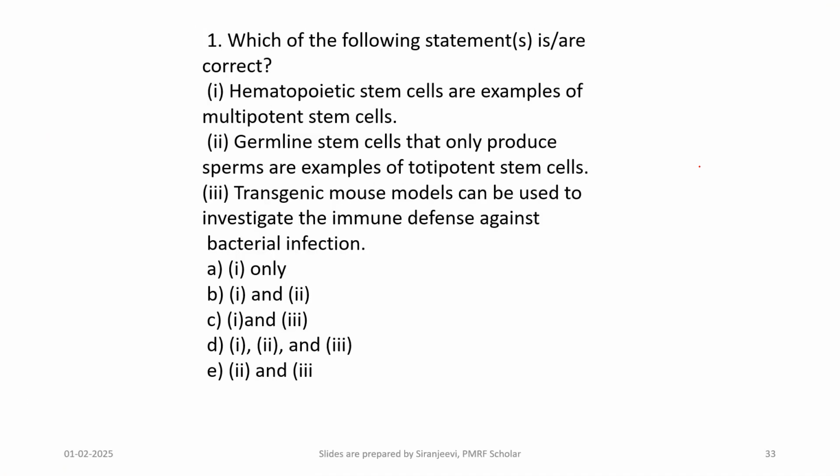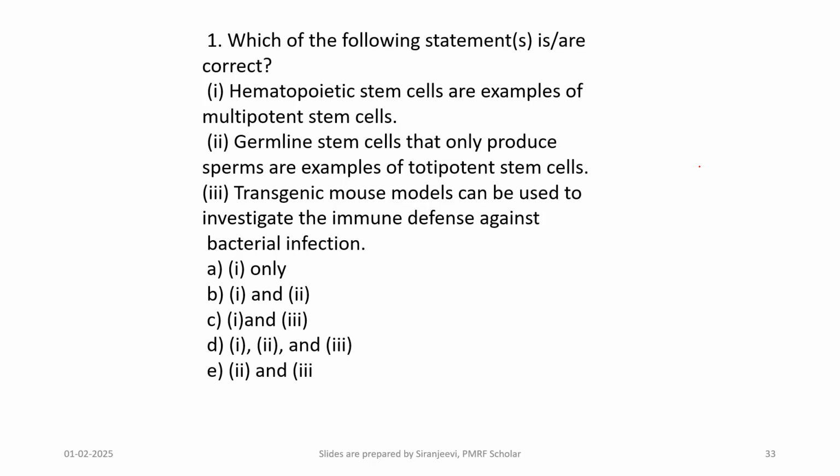Okay, first question: which of the following statements is correct? Hematopoietic stem cells are an example of multipotent stem cells. Germline stem cells that only produce sperms are an example of totipotent cells. And third, transgenic mouse models can be used to investigate the immune defense against bacterial infection. Which statements are correct? First one, is it correct or wrong?